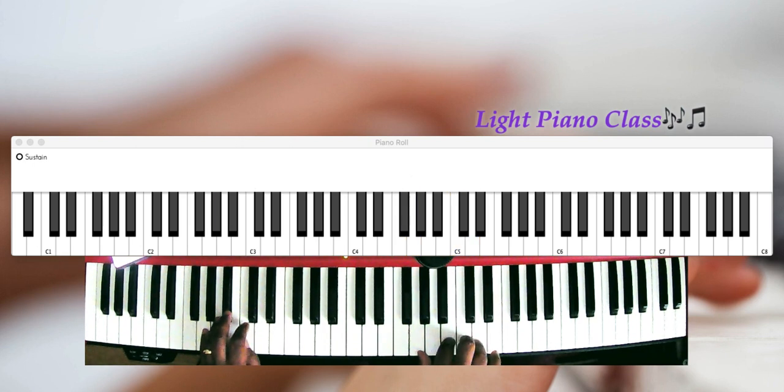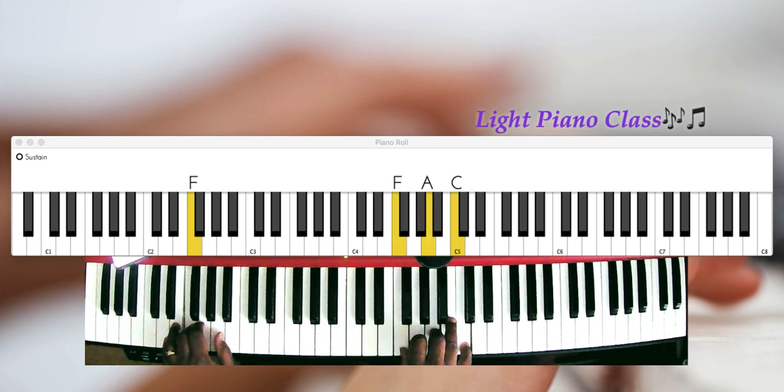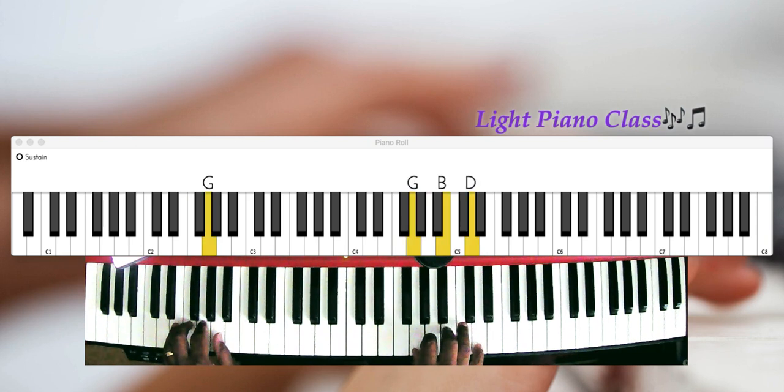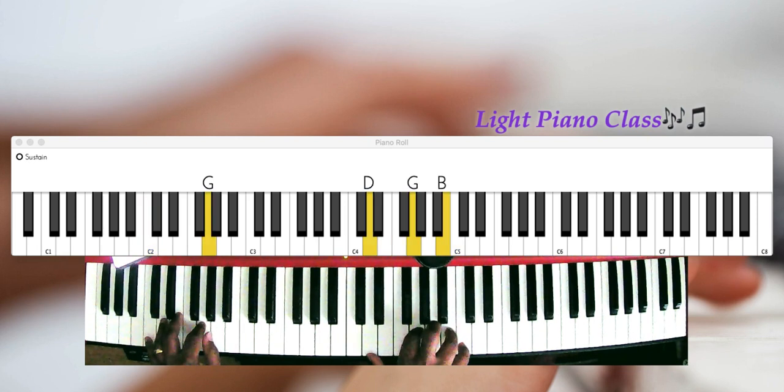Okay, and then the 5, and then the 6, and then the 3, and then the 4, and then the 5, then the 1, then back to 5.